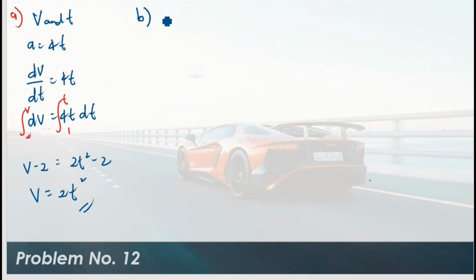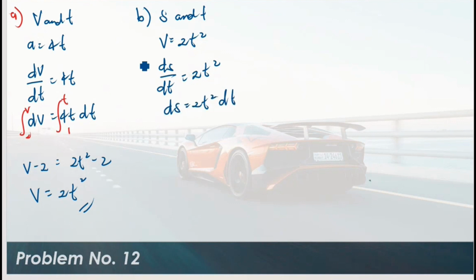Okay? So for the relationship between s and t, so we know that v is equal to, balikan natin, yung equation na 2t squared. And v, we know that this is ds over dt is equal to 2t squared. So ds is equal to 2t squared dt. So what are the limits that we're going to use for this integration?